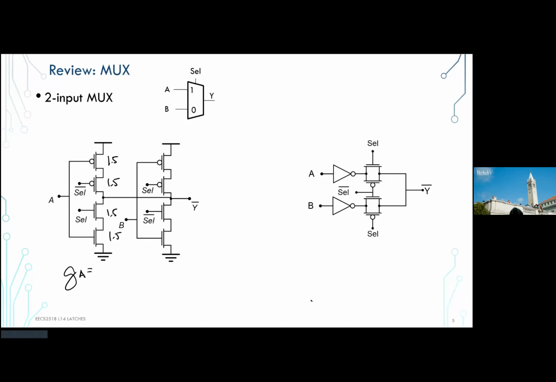Select input. Well, the input capacitance here is also 3 divided by 2. But I have 2 select inputs. I will need to find out if generating this additional input select bar creates any additional logical effort. I'll leave this for now.